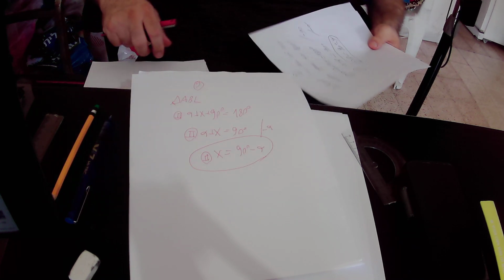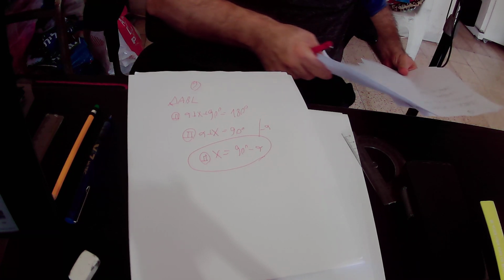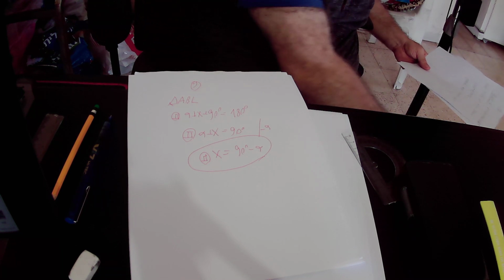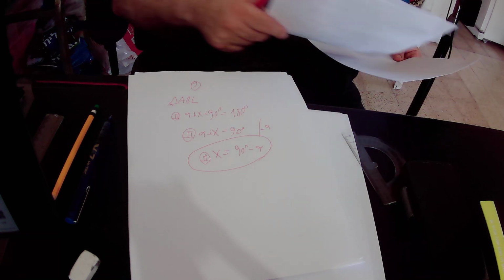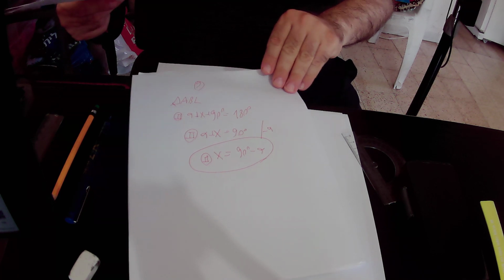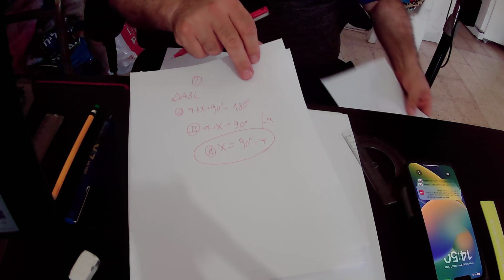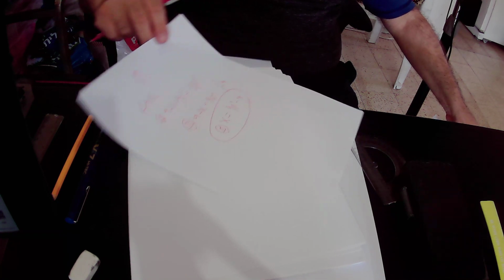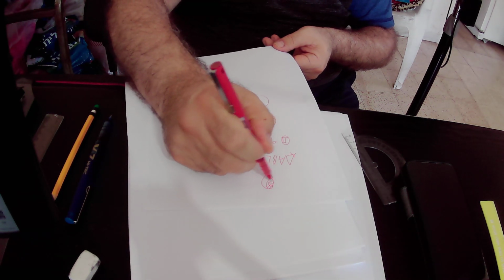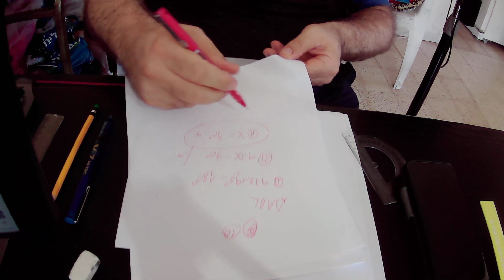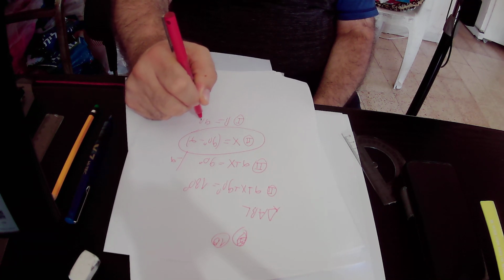So I write it down: according to equation number 1, angle beta equals 90 degrees minus alpha.